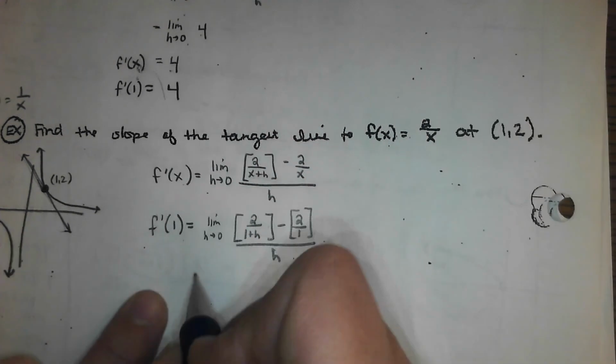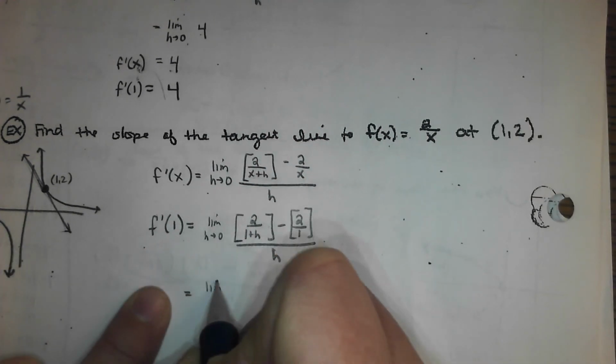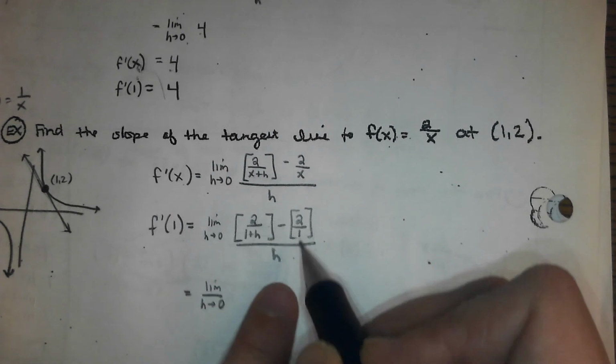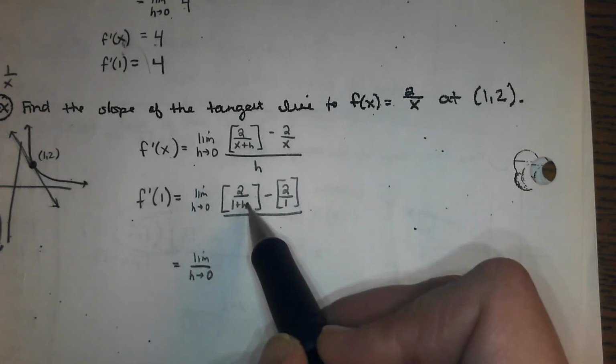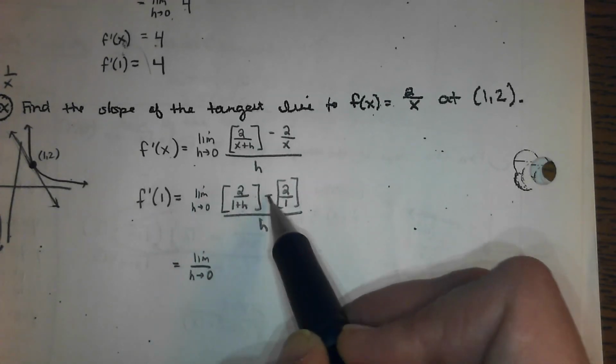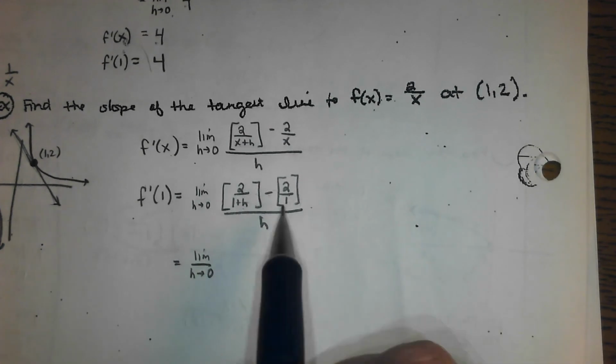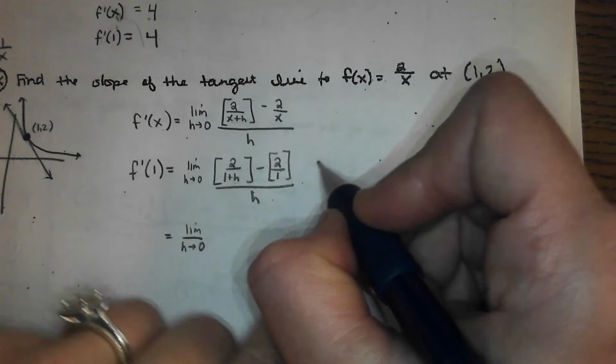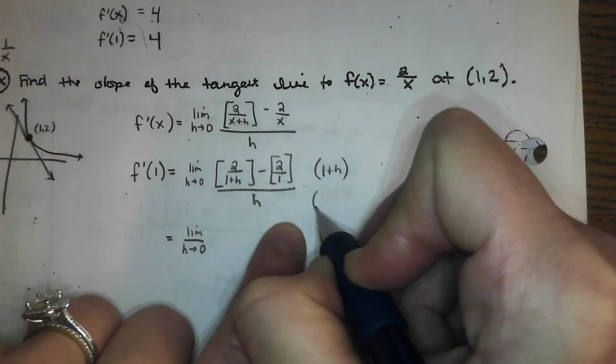Okay, so I would want to clear my complex fraction. Well, let's see. Can I evaluate right away? If I plug in 0, I'm going to get 2 minus 2, which is 0 over 0. No. So I would want to clear my complex fraction, and my least common denominator of the many denominators within the problem is 1 plus h.